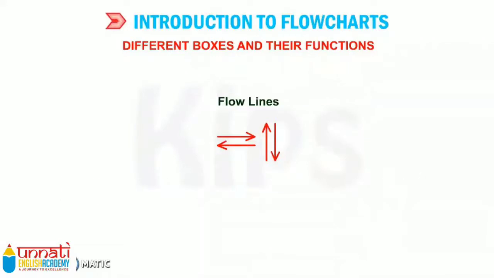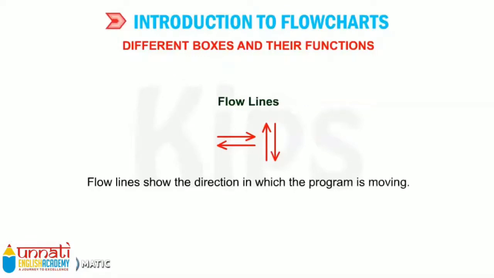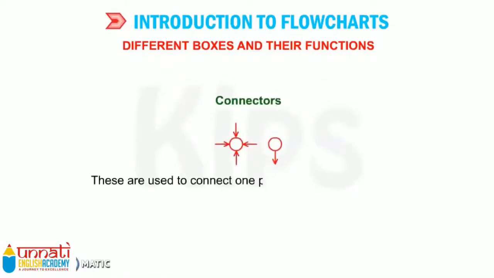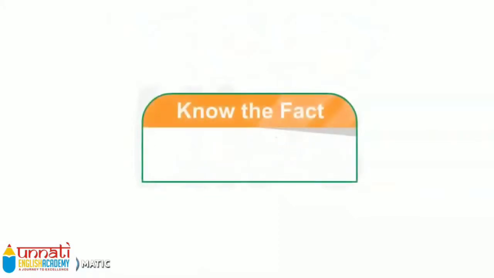Flow lines show the direction in which the program is moving. And the last one is connectors. The connectors are used to connect one part of a flowchart to another. So these are a few boxes by using which you can draw the flowchart.